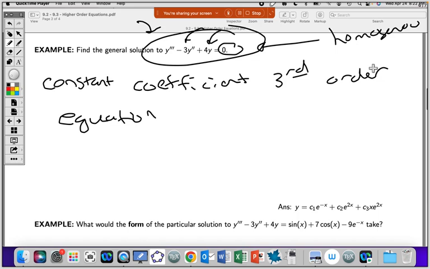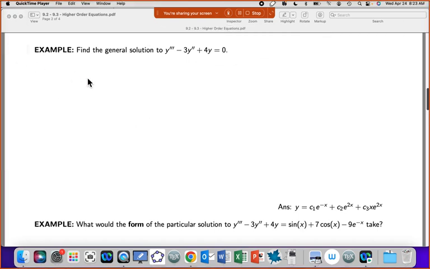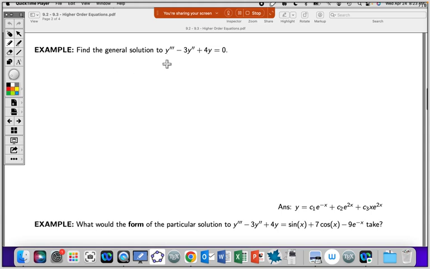So I think back to chapter 5 when we had constant coefficient homogeneous second order equations, and we think about what kinds of functions would have this property. You're taking a function and you're taking constant multiples of its derivatives, and somehow when you add those up, you're getting 0.